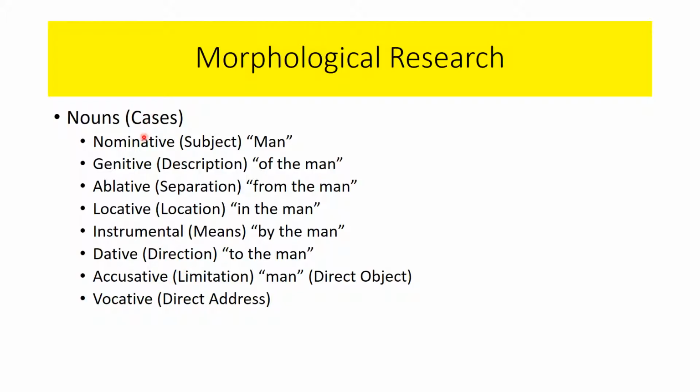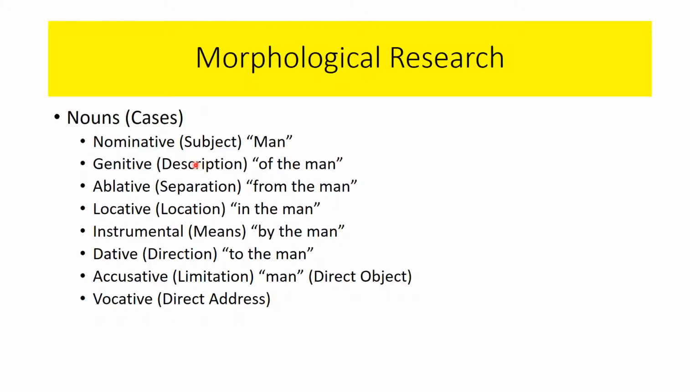Now you say, well, I've never heard of those cases. Well, those are in Greek, those are in Latin, and those are in different languages. But even in English, we have these different ways we use nouns. The nominative case is the subject case. So when we use the word man as a subject, it's in the nominative case. The genitive case is a descriptive case.